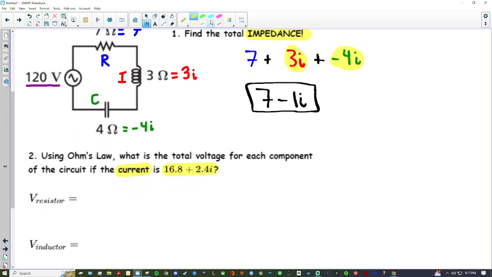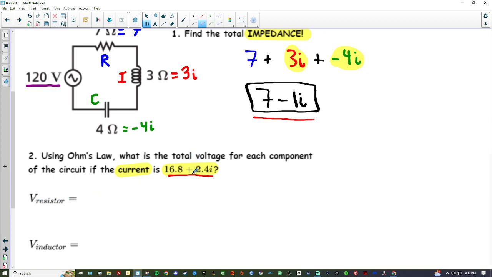So we know our impedance. Here is our impedance, and here is our current. So we're going to find the voltage of the resistor.